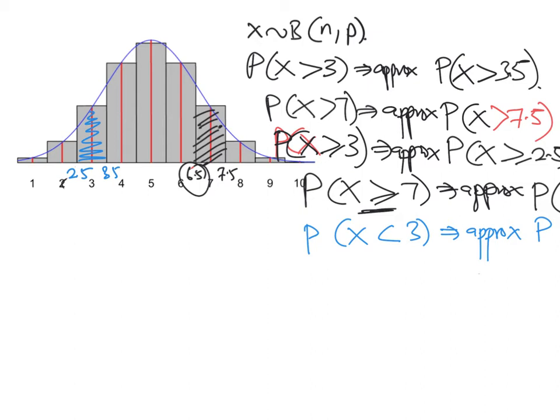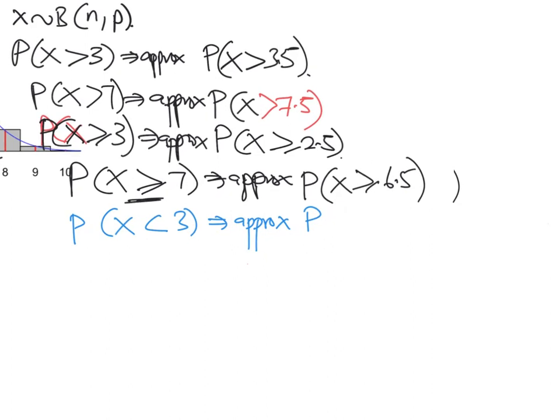Since it says less than 3, definitely I can't take 3, so I'm going to look at the value towards the left of 3. So what is my first continuity correction that I have to use? It is 2.5. So when I approximate the binomial X less than 3, we have the normal distribution X less than 2.5.